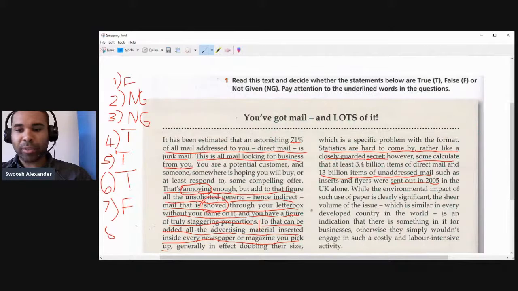Okay, and finally, final question. It says that businesses invest in these forms of advertising because they are profitable. So indirect mail is profitable. Let's see.